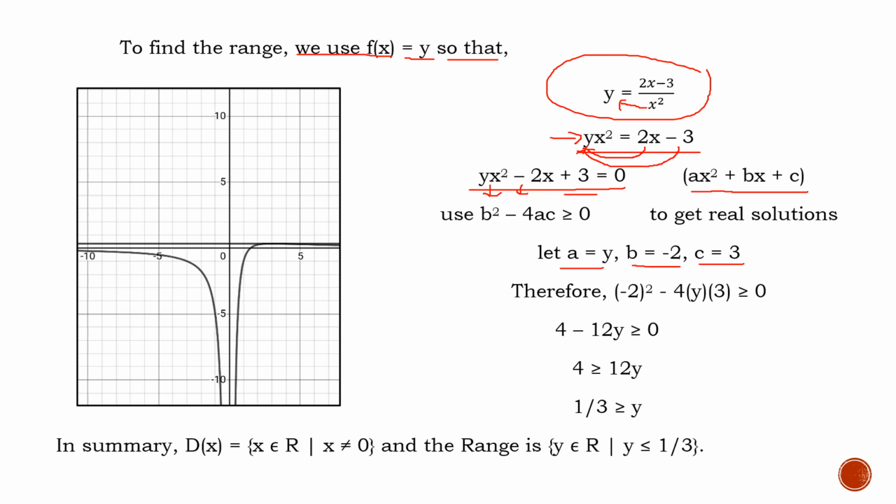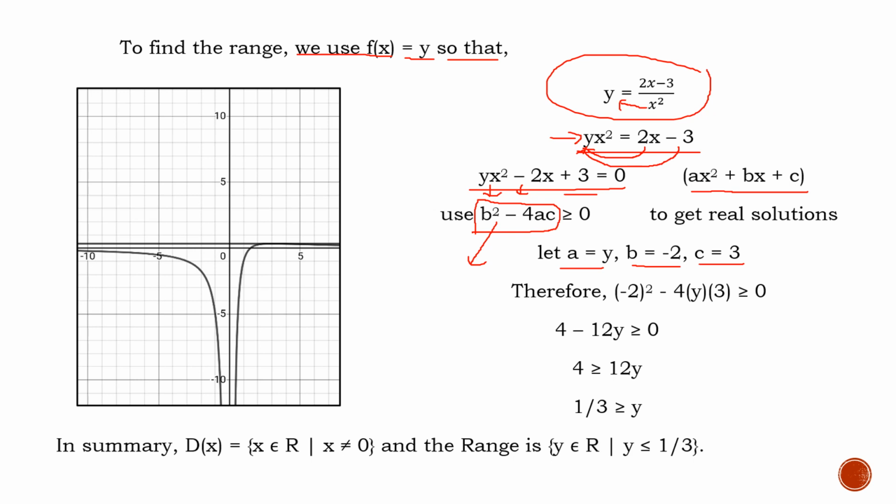Now, to get real solutions, we just simply use this part of the quadratic formula, b squared minus 4ac greater than or equal to 0. This formula is called your discriminant. B squared minus 4ac is called the discriminant.